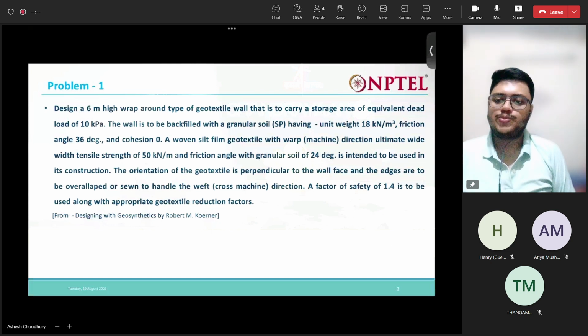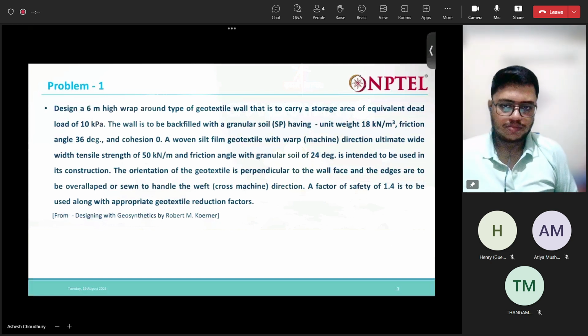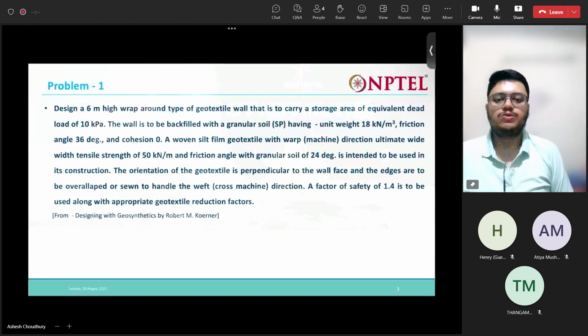The wall is to be backfilled with a granular soil, SP, that is poorly graded sand, having unit weight 18 kN per meter cube, friction angle of 36 degrees and cohesion 0.